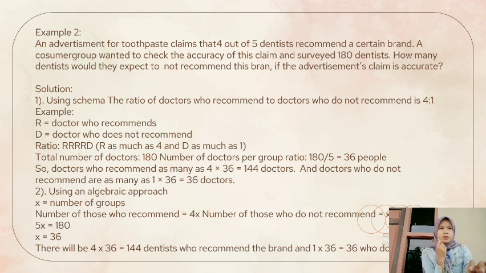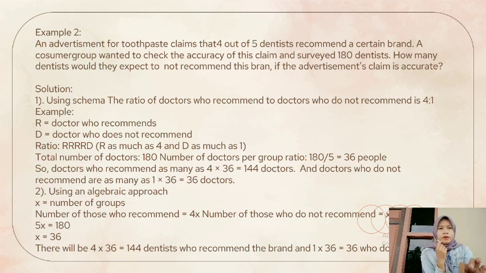Second, in addition, we can also solve this problem using a more structured algebraic approach. For example, x is the number of groups. Number of those who recommend is 4x, and number of those who do not recommend is x. So 4x plus x equals 180, and 5x equals 180.